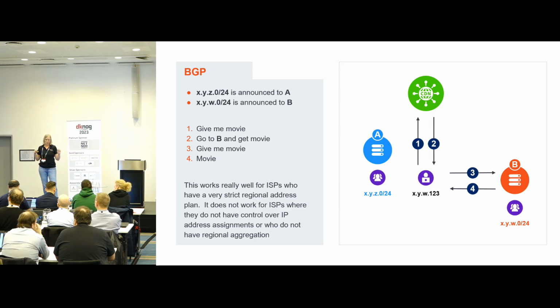And then the end user that belongs in the number 2 /24 is asking the CDN, hey, give me this movie. And then the CDN is looking up in their internal table and says, hey, go to cluster B and you will get your movie. Quite simple, works well in most cases. And when it doesn't work well, they fall back to geolocation.